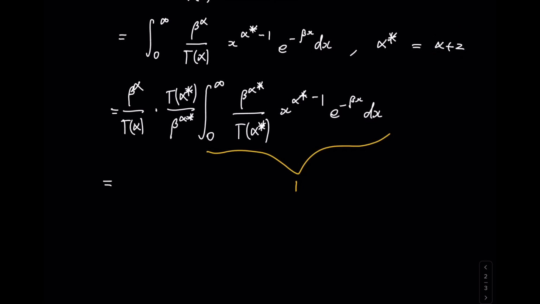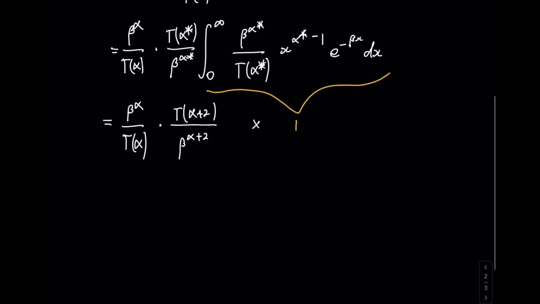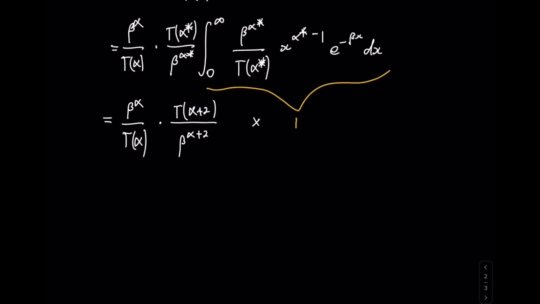So now what we can do is we're going to have our beta to the alpha on gamma of alpha. Here we're now going to replace our alpha stars in this expression up the top with alpha plus 2, so not alpha plus 1 anymore, but gamma of alpha plus 2 over beta to the alpha plus 2. And then, of course, we're just multiplying by the 1 right at the end, that integral.